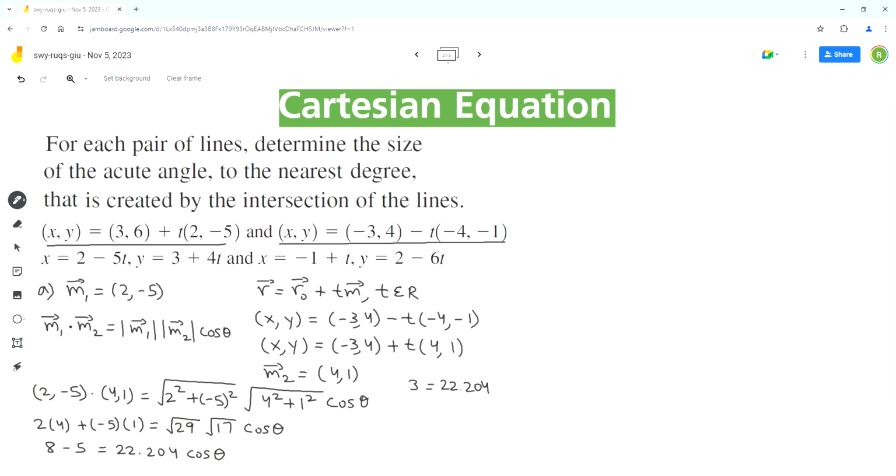Now we can divide both sides by 22.204. And next we have to do the inverse of cos.